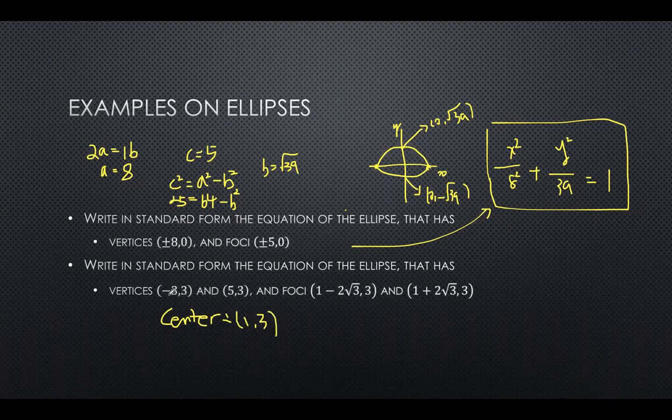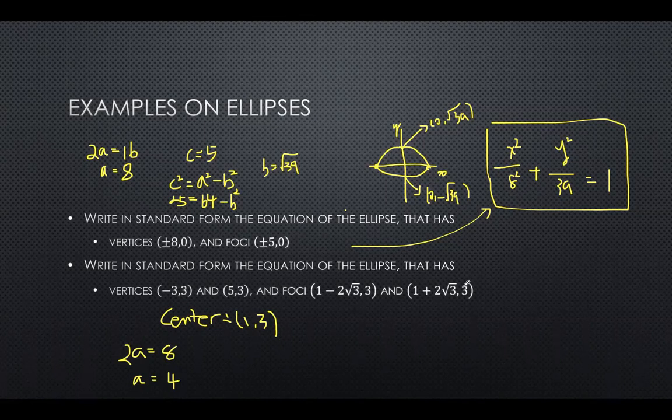Okay, so that means the length of the major axis, which is the distance between minus 3, 3 and 5, 3, is 8. So 2a is equal to 8, so a is equal to 4. All right.